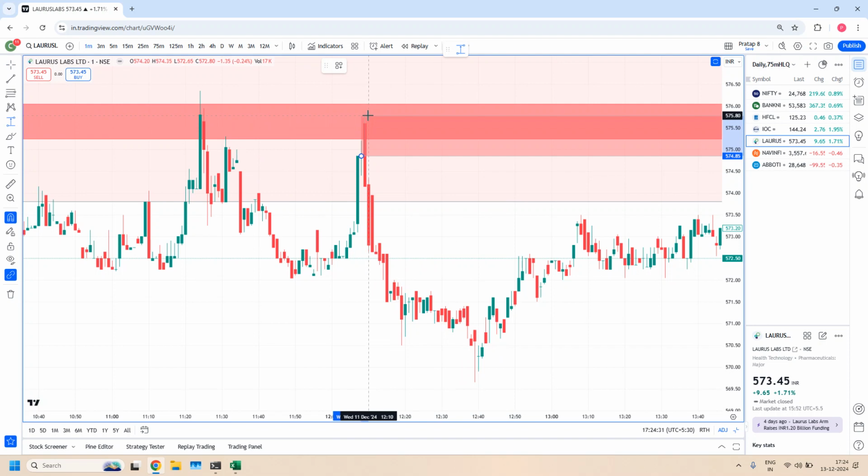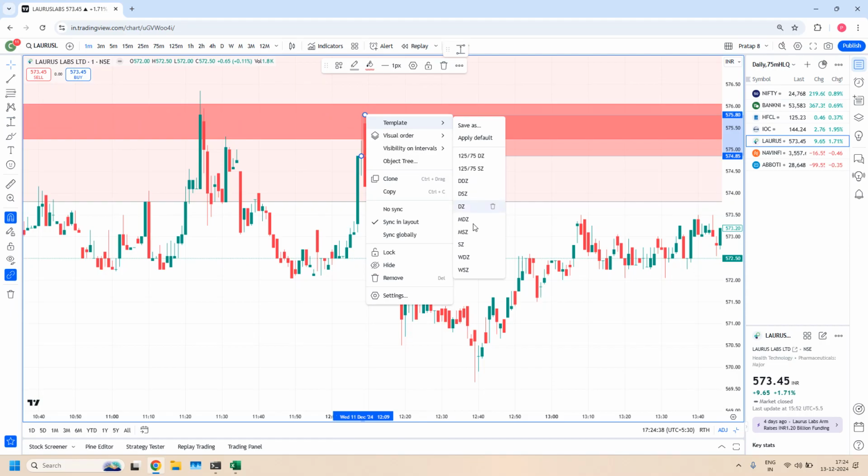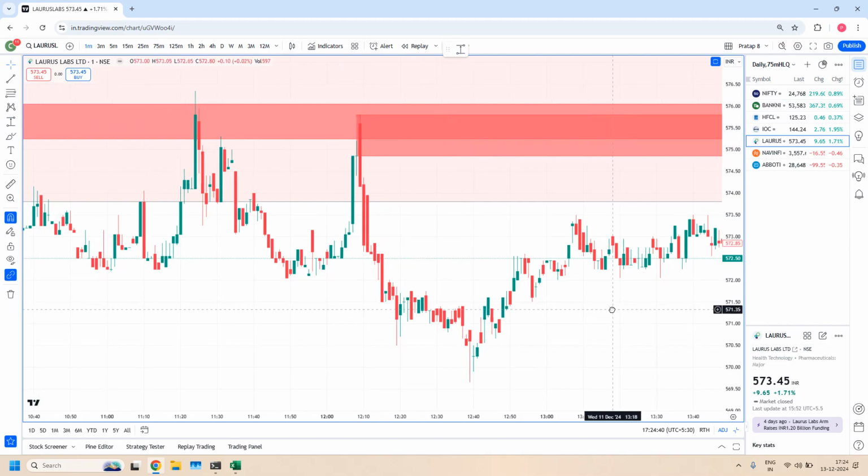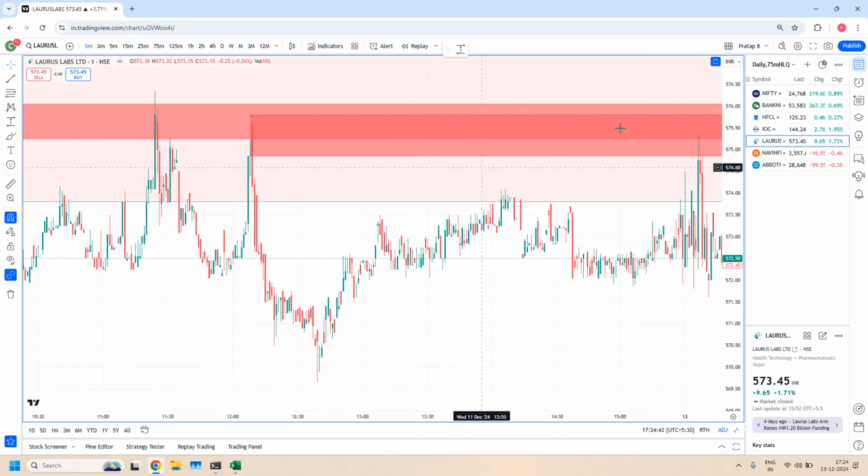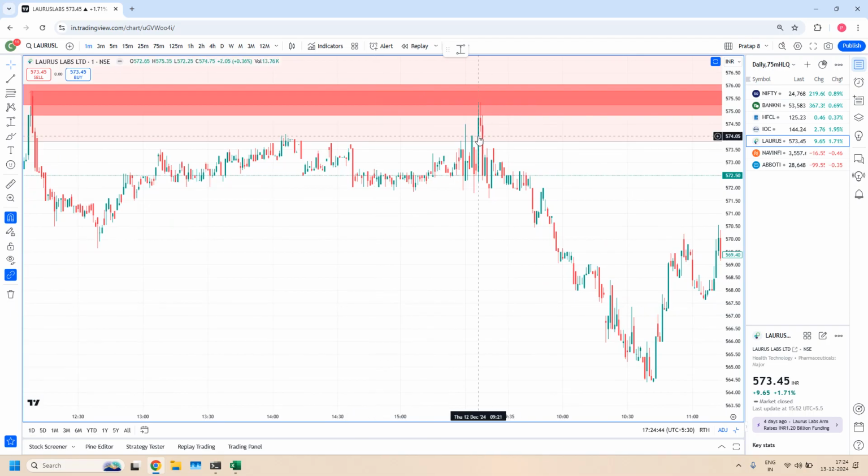It's all depending on how well you are convincing. This is the 1 minute zone. And this 1 minute zone now acting as a high liquidity zone.